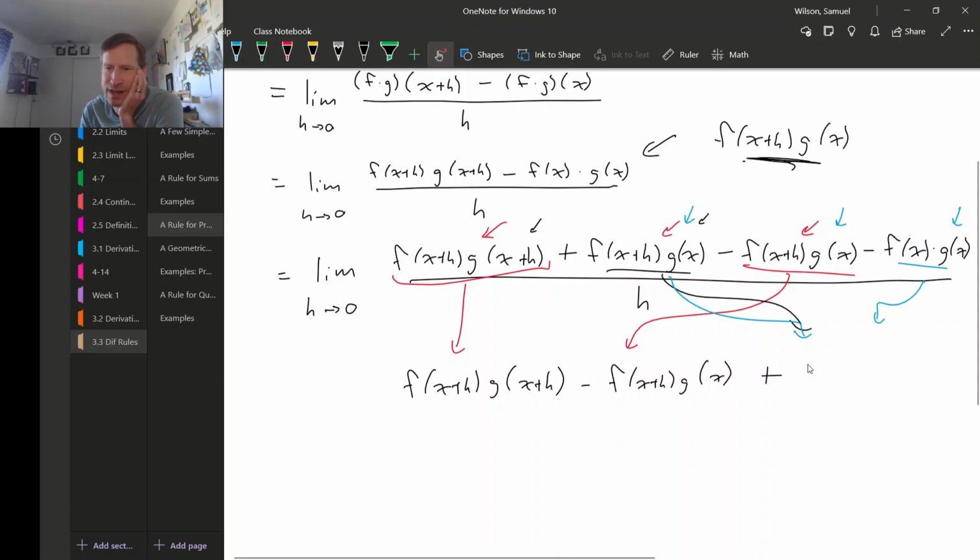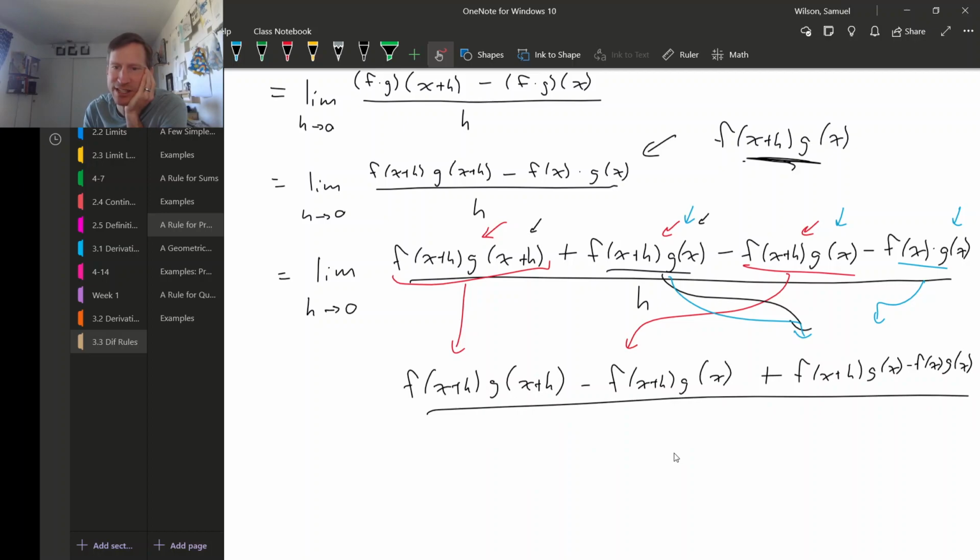So plus f of x plus h times g of x minus f of x g of x. And this is all over h, and we're taking a limit as h goes to 0.